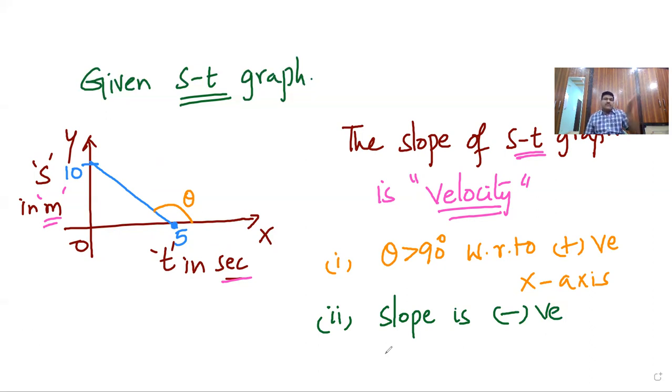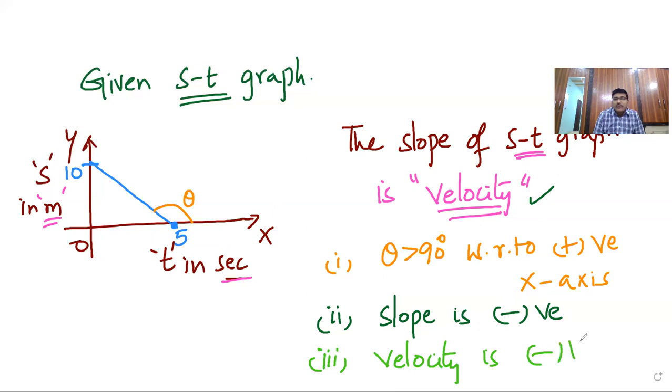What is the slope of the displacement time graph? Velocity. Once the slope is negative, velocity is negative. The third conclusion is velocity is negative. See how we got all the conclusions from observation of the graph.